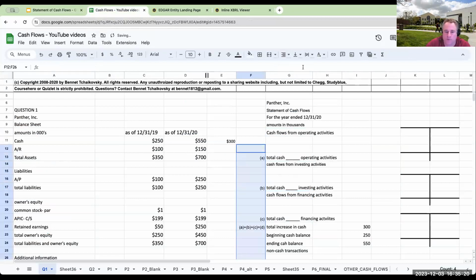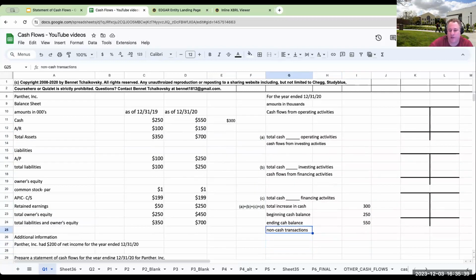I will show you momentarily what we do with that item. I then have my increase in cash. The cash flow statements are fun because they give us the answer. My cash increased by 300. My beginning cash was 250. My ending cash is 550. I'm going to have down over here any non-cash transactions, and I'll go over that with you momentarily.